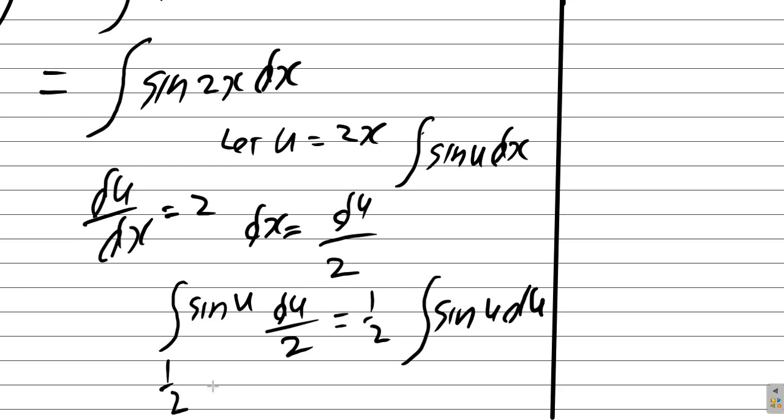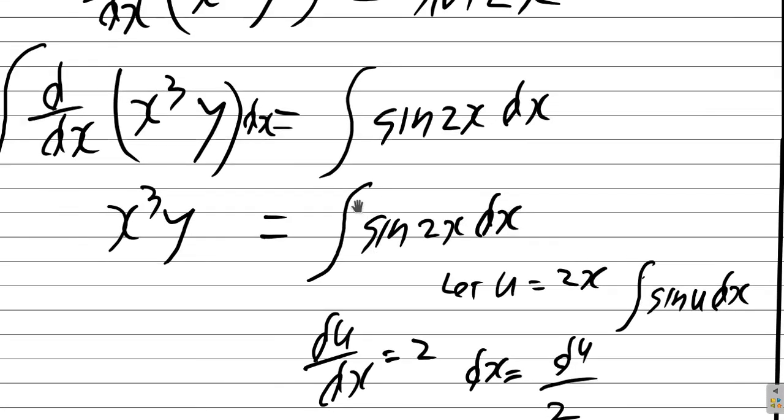When you differentiate sine you get cos. When you differentiate cos you get minus sine. So when you differentiate minus cos you get sine. That means when you integrate sine you get minus cos. So it's going to be half times negative cos u plus c. Alright, but u was what? u was 2x. So let's write it as negative half cos 2x plus c. Alright? So that's what we get.